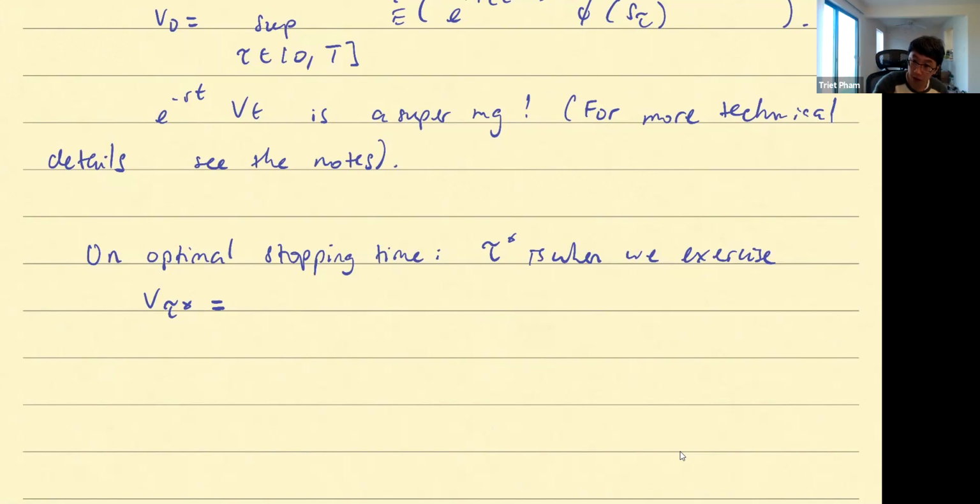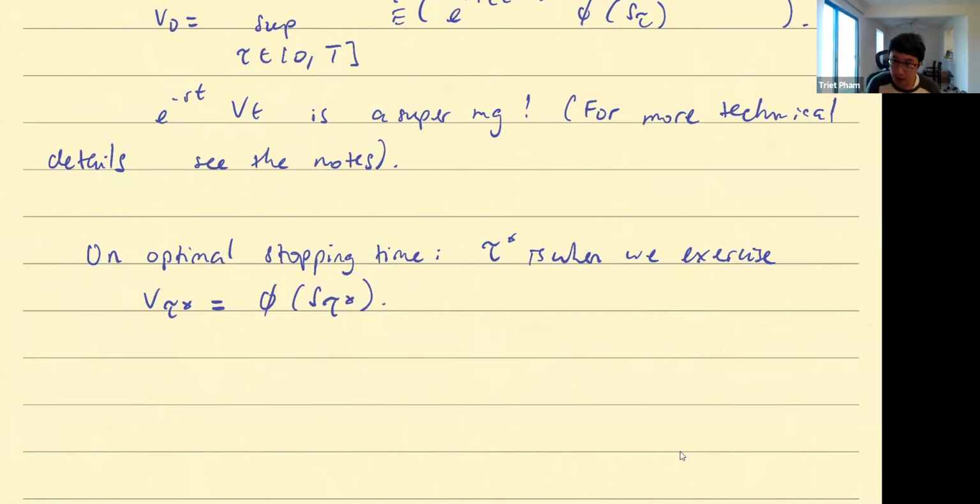Yeah, right. But if we don't talk about put, yes, Kashif, very good. But in general, it's just whatever payoff function we're looking at at tau star. Very good.